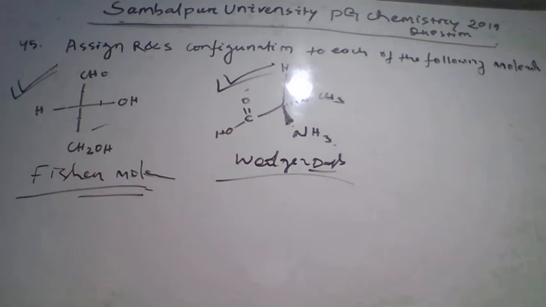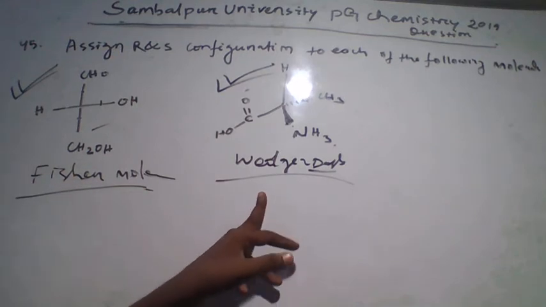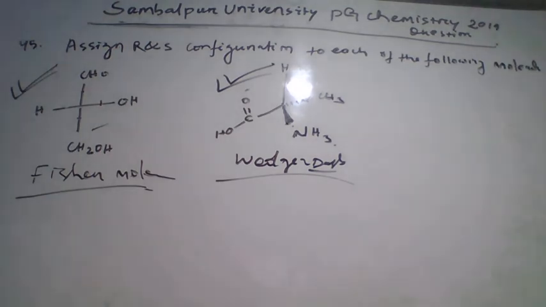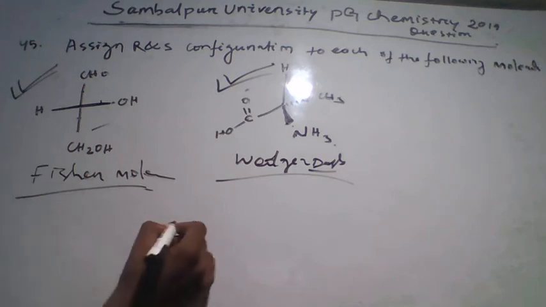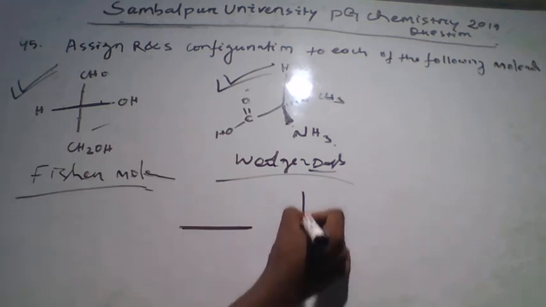Okay, what is the rule to determine RS configuration for the Fischer, and what is the rule for RS configuration of the wedge-dash molecule? Okay, see here, in a Fischer molecule there are two planes. This is your horizontal plane, and this is your vertical plane.